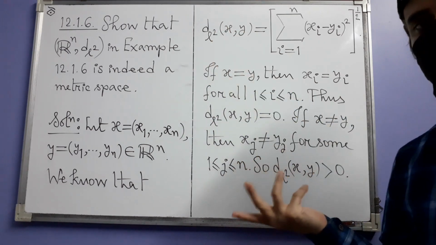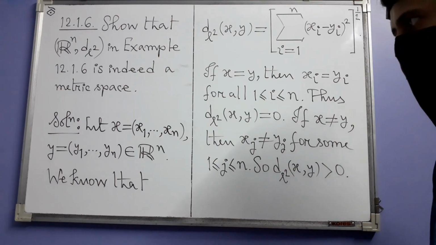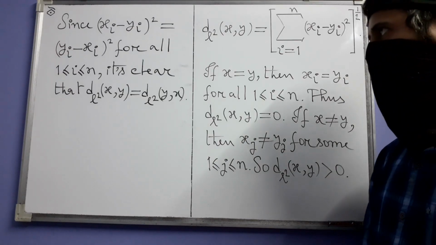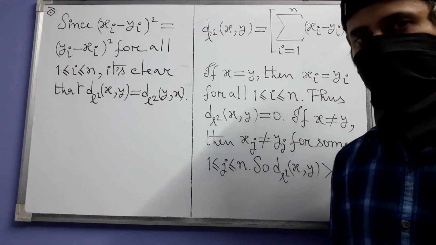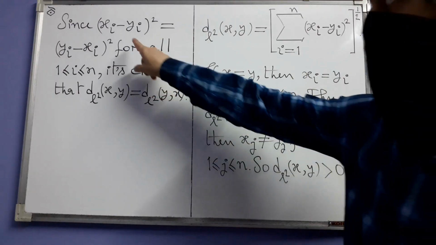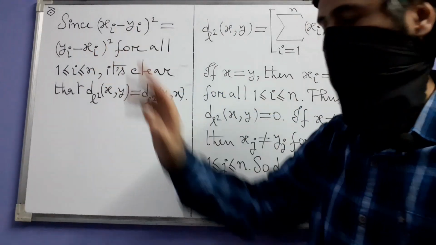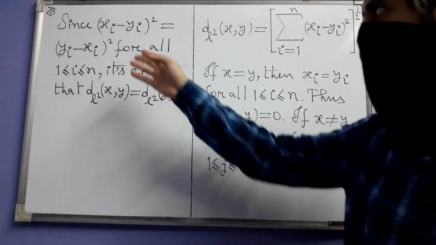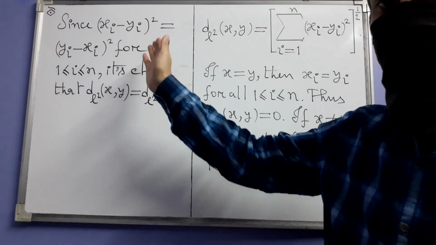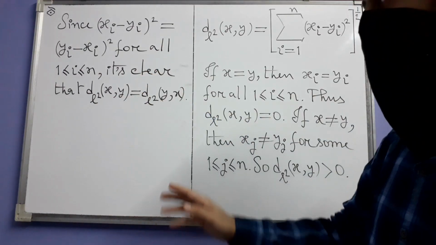Now next we have symmetry. So let's see what happens. Symmetry is pretty obvious because xi minus yi whole square is equal to yi minus xi whole square. Because there is a square, it does not matter whether you write xi minus yi or yi minus xi.